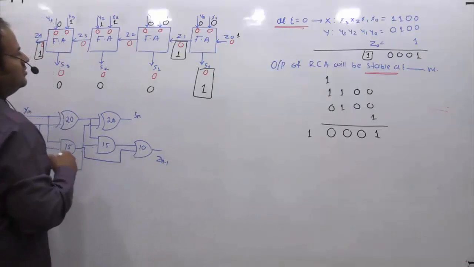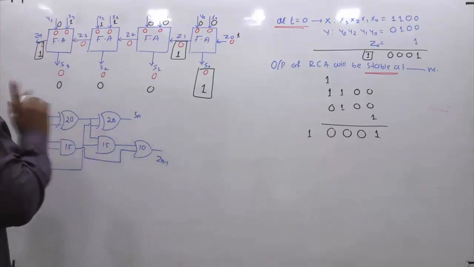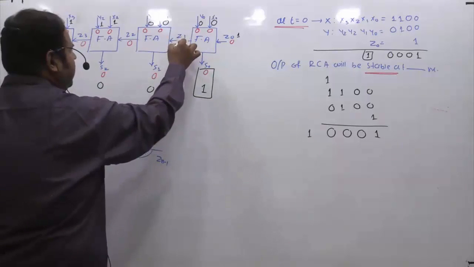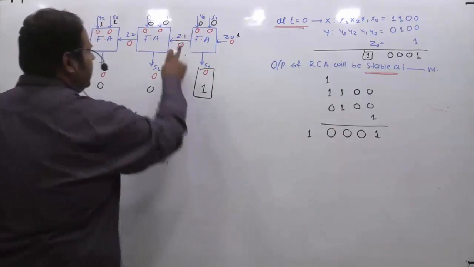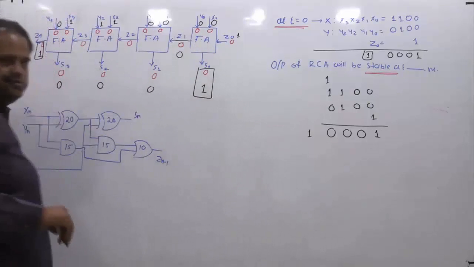Why will you get a carry here if you are adding 0 0 1? If you add 0 0 1, the sum bit is 1 and the carry bit is 0. So earlier it is 0, now also it is 0.